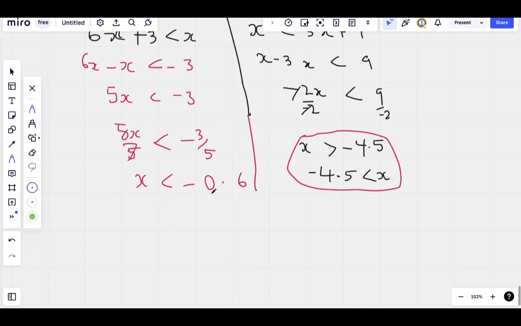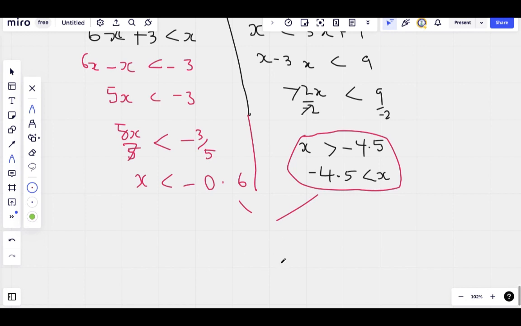So x is less than negative 0.6 and greater than this. If you want to merge them, this one will be on the right now. You say x is greater than negative 4.5 and less than this one.